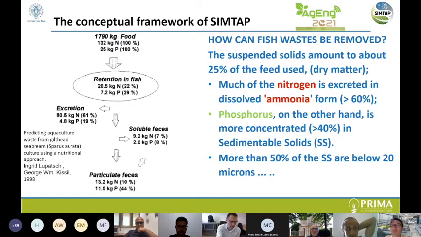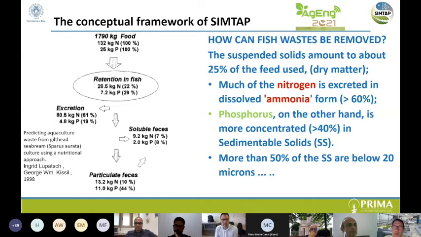How can fish wastes be removed? As you can see, up to 25% of the feed given to fish can be found in the water as suspended solids. But much of the nitrogen produced is excreted in the form of ammonia.